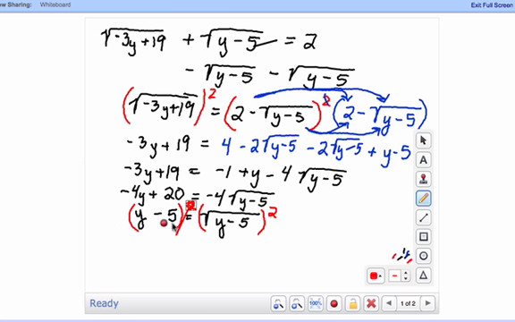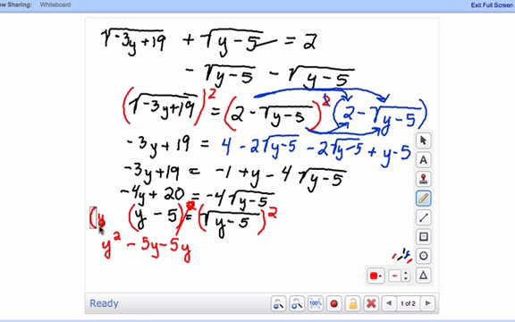Okay, so y minus 5 times y minus 5 is going to give us y squared, right? And then we're going to have a negative 5y twice. So it's like this, negative 5y minus 5y.